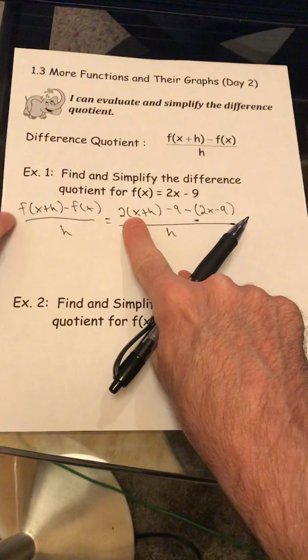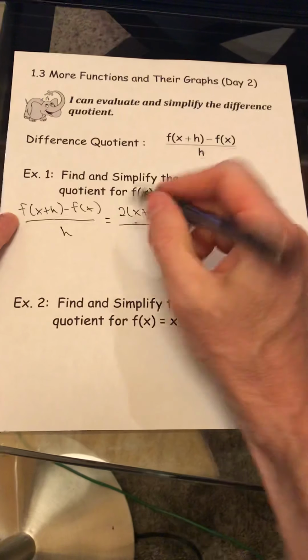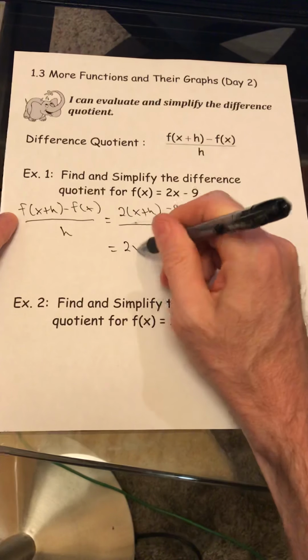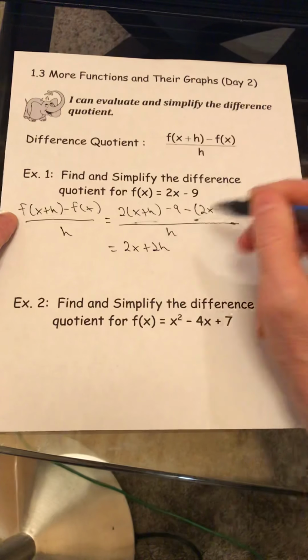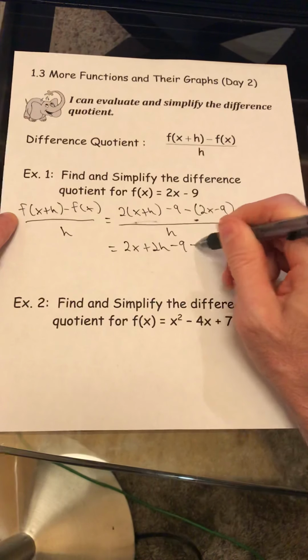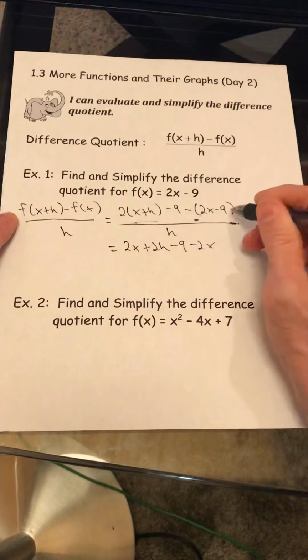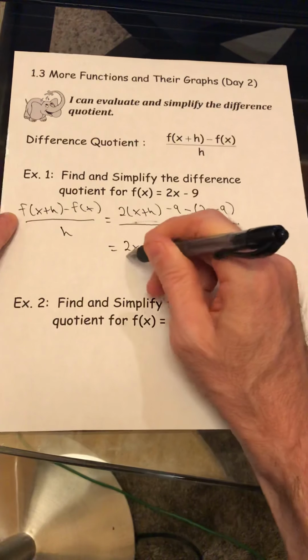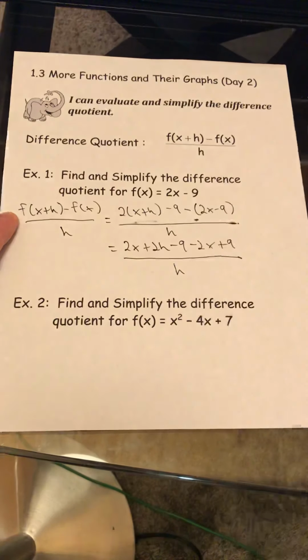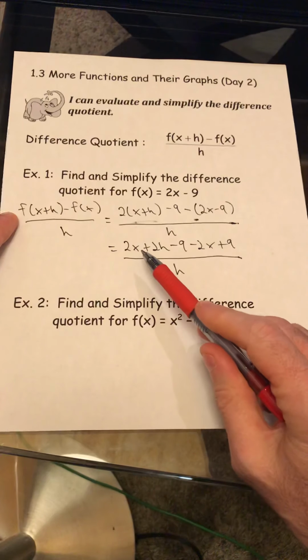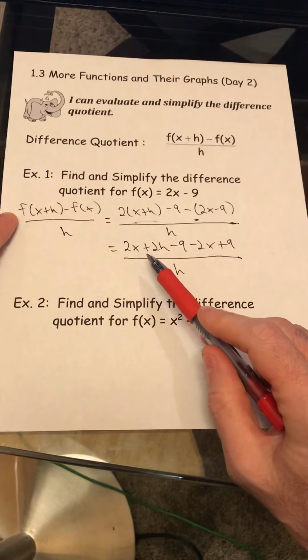So from here, now we distribute the 2. So 2x plus 2h minus 9 minus 2x, minus negative 9 becomes plus 9, all over h. Now, you usually have a way to check and see, did we do this correctly?